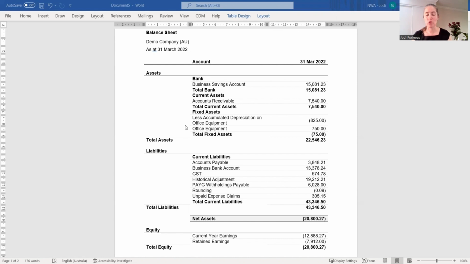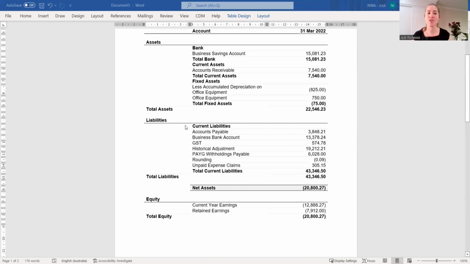It will generally have a resale value, and anything costing more than $300 or $500 will be an asset. On the flip side, yes, your stapler might last for 10 years, but if it only costs you $20, it's probably not an asset, it's more of a consumable item. So your assets are the things that you own, the things that you have control of, and the things that you may have a resale value on or be able to easily convert to cash.